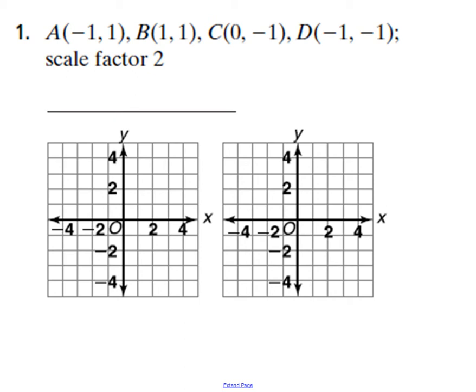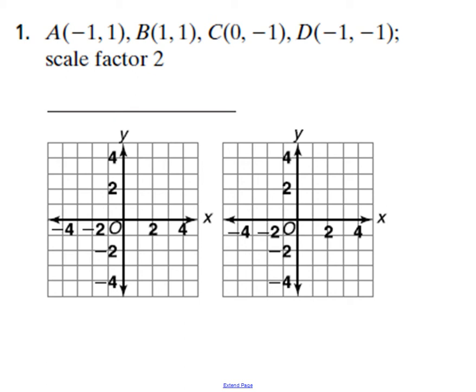All right, for today, we're going to go back and talk a little bit about dilations. So you should be on the side of this paper that says reteaching 4.5. Okay, number 1.